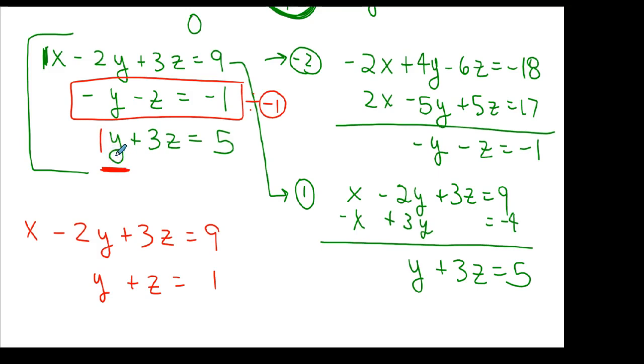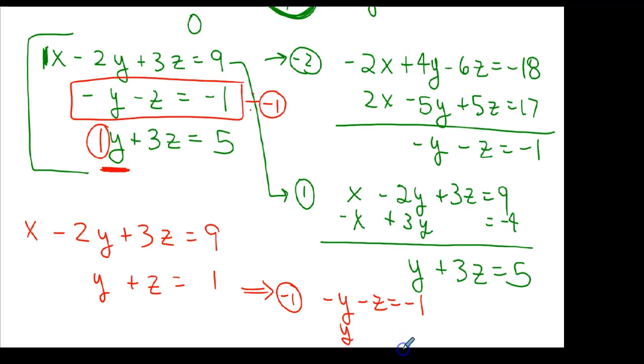I need to take my new second row and multiply it by the opposite of the number I'm trying to change. So that means multiply it by negative 1. When I multiply my new second row by negative 1, I have negative y minus z equals negative 1.